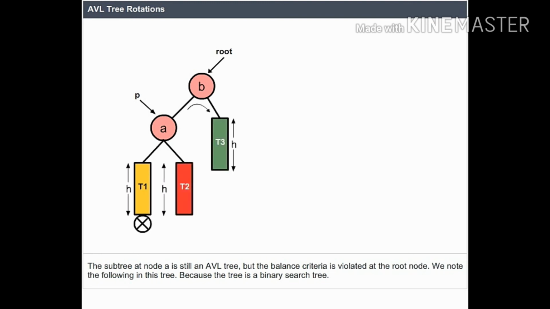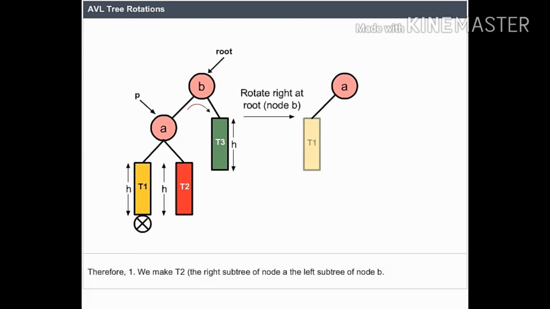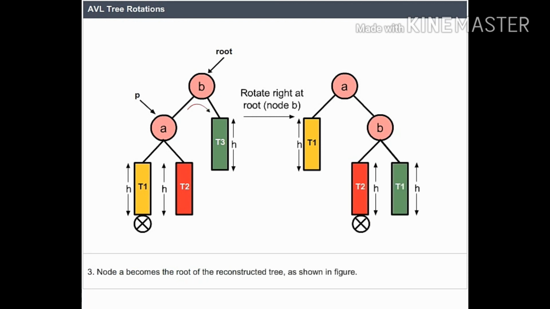Because the tree is a binary search tree, every key in subtree T1 is smaller than the key in node A. Every key in subtree T2 is larger than the key in node A. Every key in subtree T2 is smaller than the key in node B. Therefore, we make T2 the right subtree of node A, and node A the left subtree of node B. We make node B the root of the reconstructed tree, as shown in the figure.